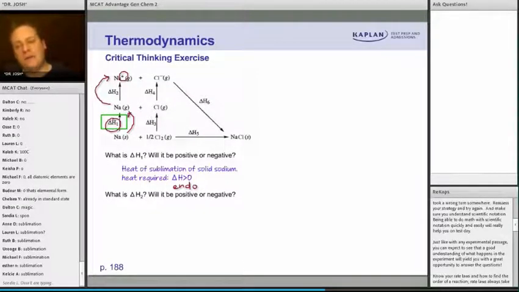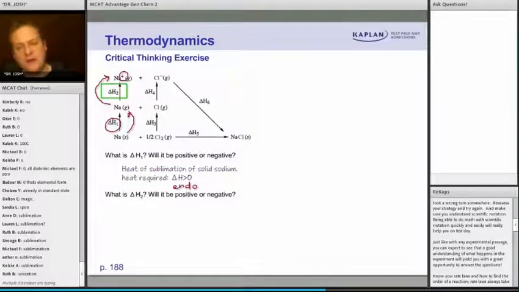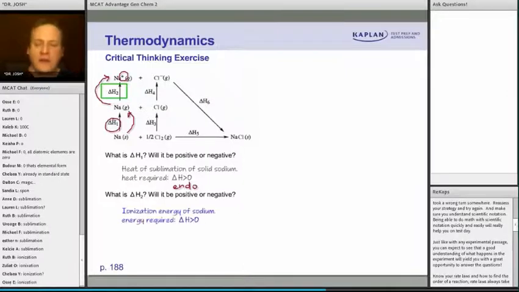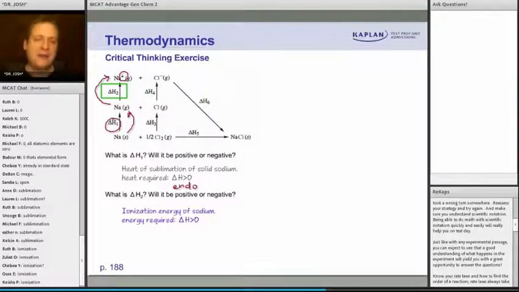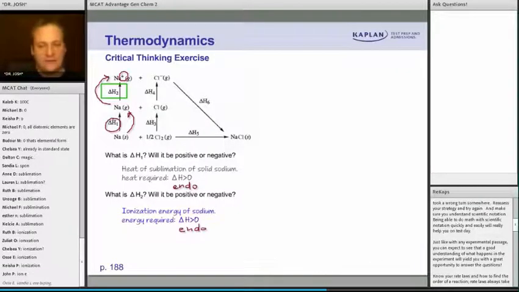Then we look at the next one, H2. We go from gaseous sodium to ionized sodium. We're removing an electron. What is that amount of energy called when you're adding energy to yank an electron off? This goes back to Gen Chem 1. There's ionization energy, absolutely.